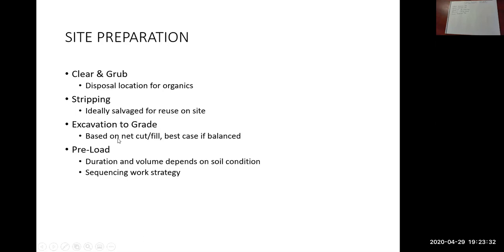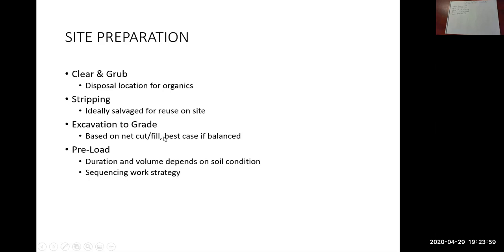So this bullet here, typically engineers try to balance the cuts and fills. That's the idea. On, I wouldn't say most, but on some projects, whatever excavation you do, you can put that into a fill if it's approved material.